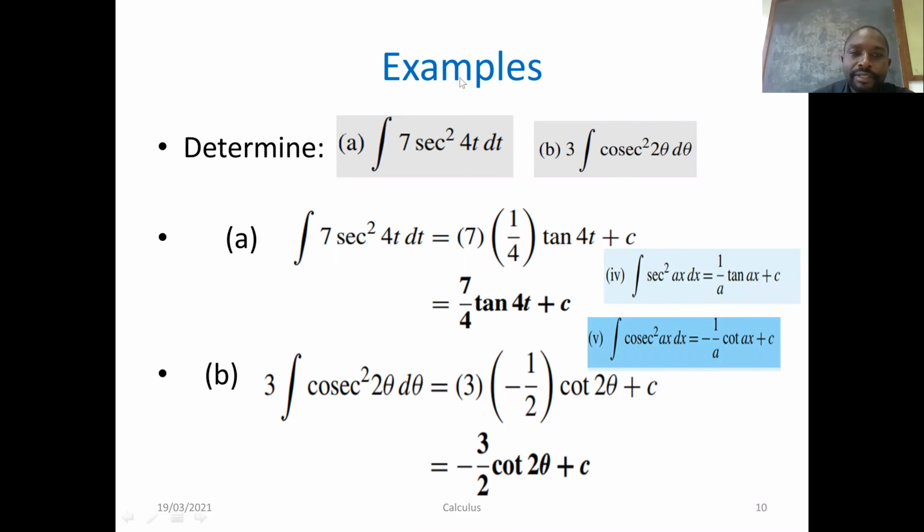Next, let's look at more examples now involving sec squared and cosec squared. In this example A, 7 sec squared 4θ dθ.